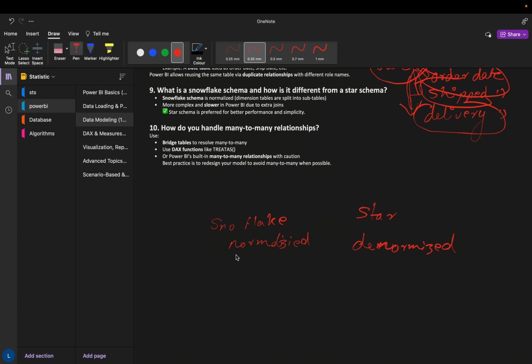Redundancy means slower, whereas the star schema is faster.